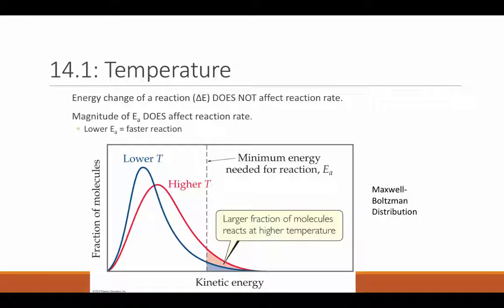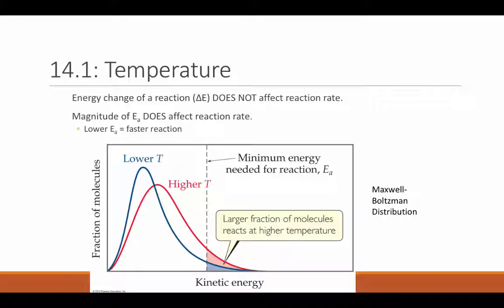We'll start with temperature. First, it's important to consider the fact that the enthalpy of a reaction, or the change in energy of a reaction, does not affect the reaction rate. In other words, the amount of energy gained or lost by the reaction is not related to its rate. The size of the activation energy, however, will affect the reaction rate. A lower activation energy will result in a faster reaction.